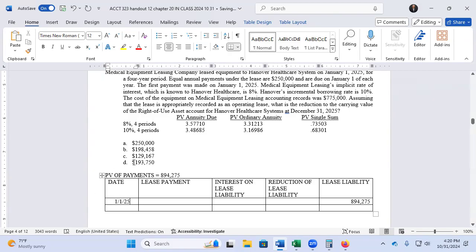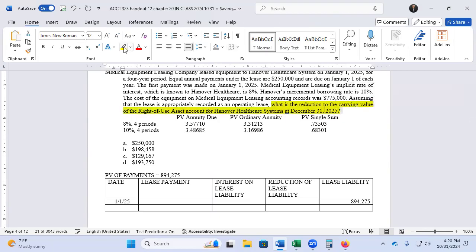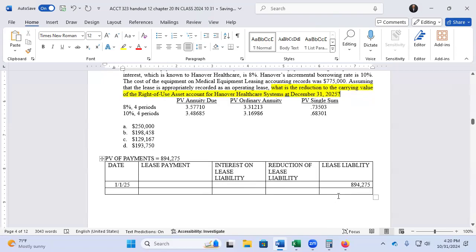Okay. So what this is asking for is, what is the reduction to the carrying value of the right-of-use asset for Hanover Healthcare Systems for 2025? And so we have 894,000 lease liability.